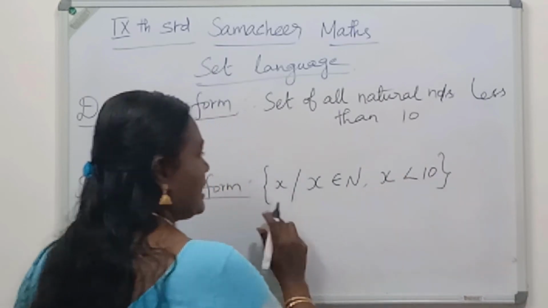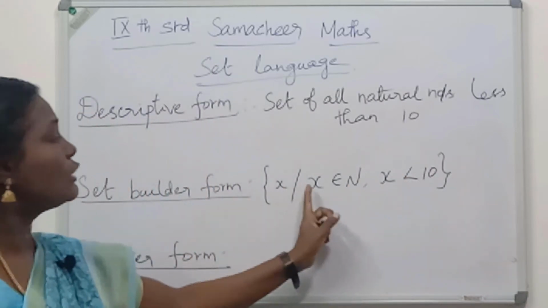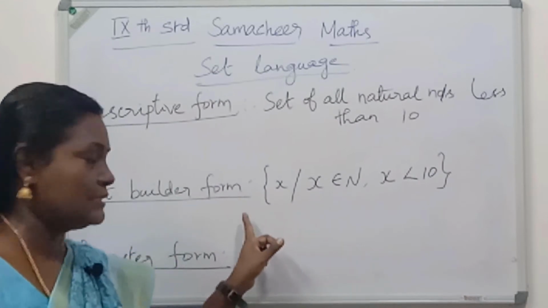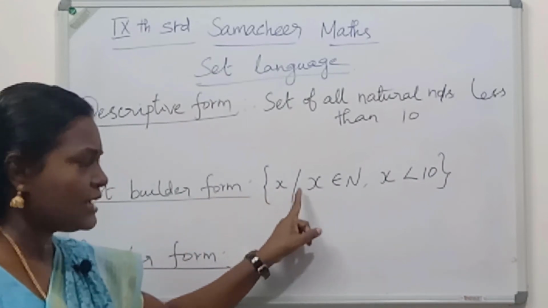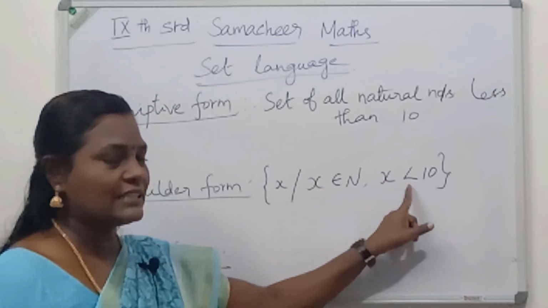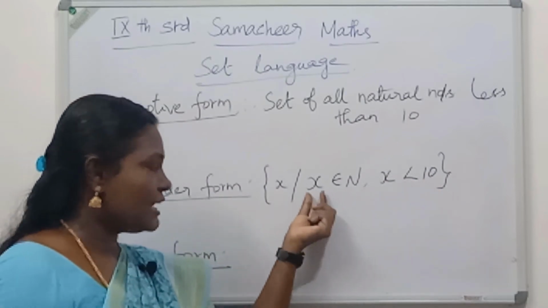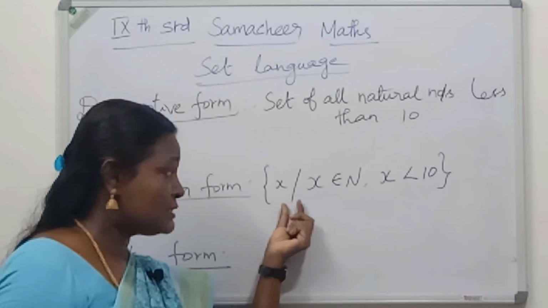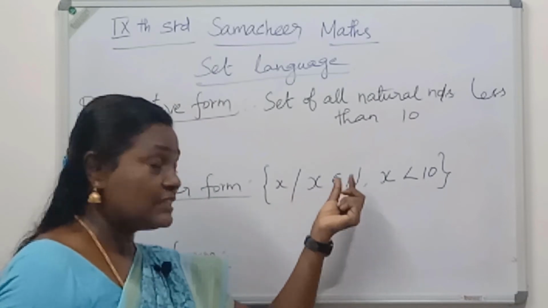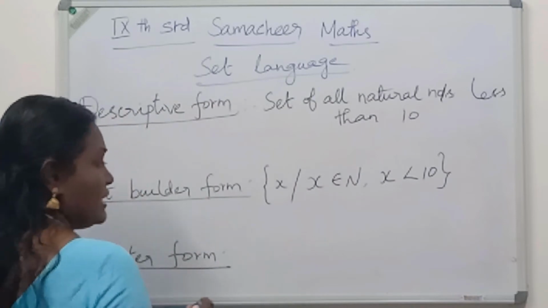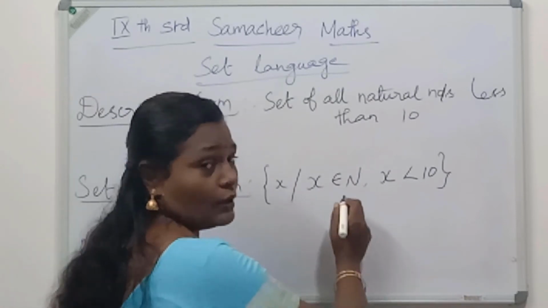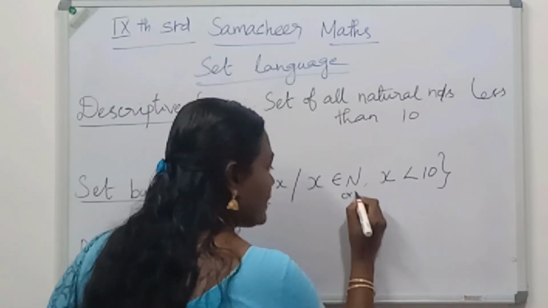Like that we can give the rule for the elements of the set. This is called a set builder form. That is, set of all x such that x belongs to N and x is less than 10. That is, the element of this set is a natural number, and at the same time it should be less than 10. Suppose if I don't want to write in this way, we can write another way.